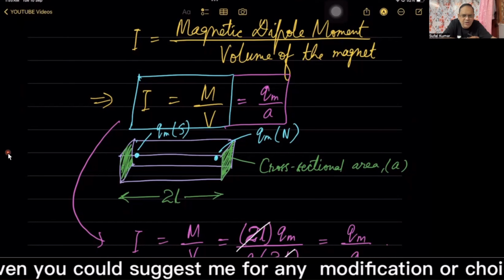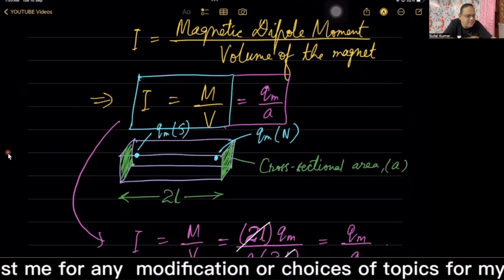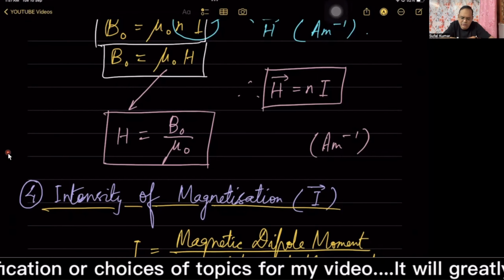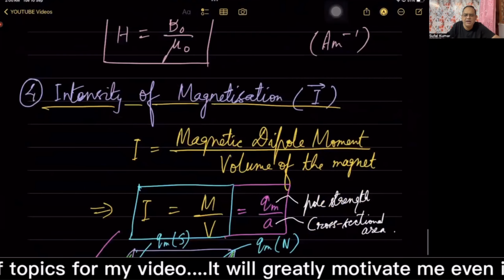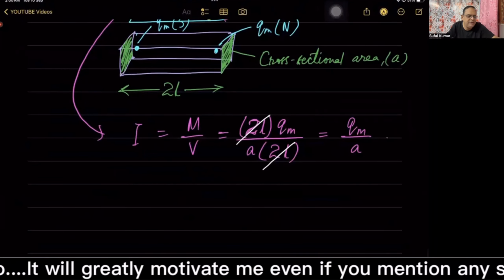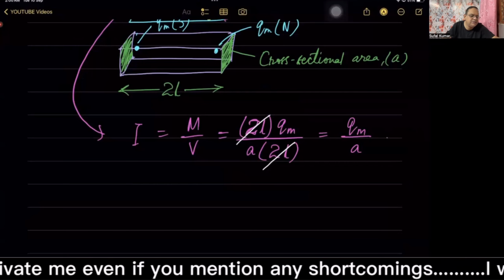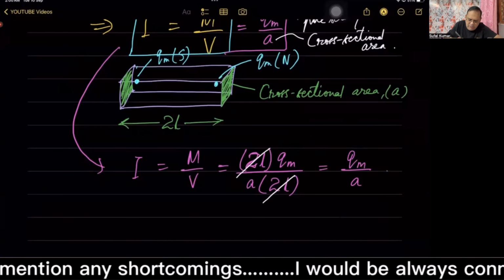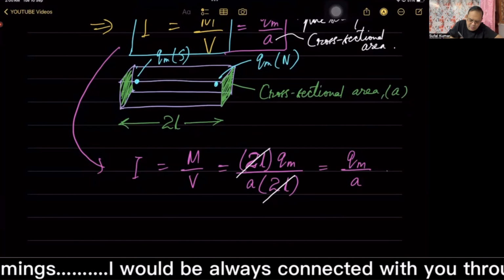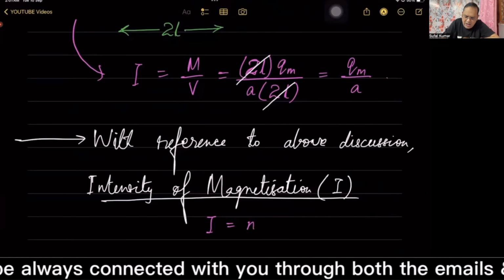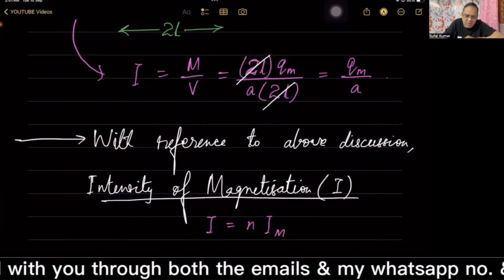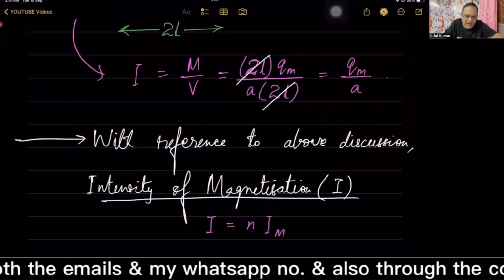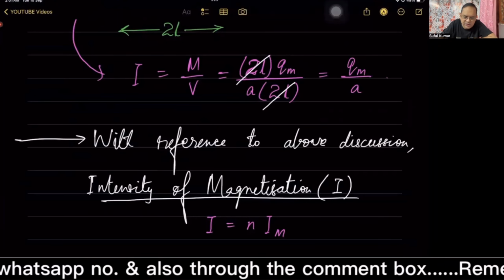For that I am now creating some background. So intensity of magnetization. Finally, we'll have intensity of magnetization with reference to I is N Im. Now I need to explain magnetization surface current.